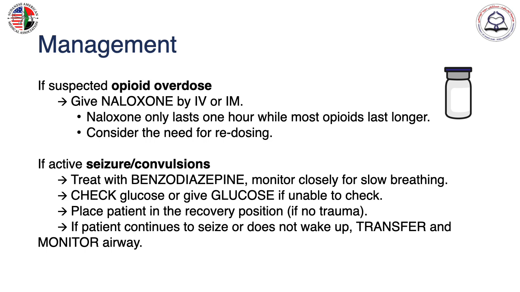Those with suspected opioid overdose, stop the exposure and then give them naloxone. Those with convulsion, treat with benzodiazepine. If it is due to hypoglycemia, you need to give glucose load, and you can put the patient in the recovery position if it is not related to trauma.